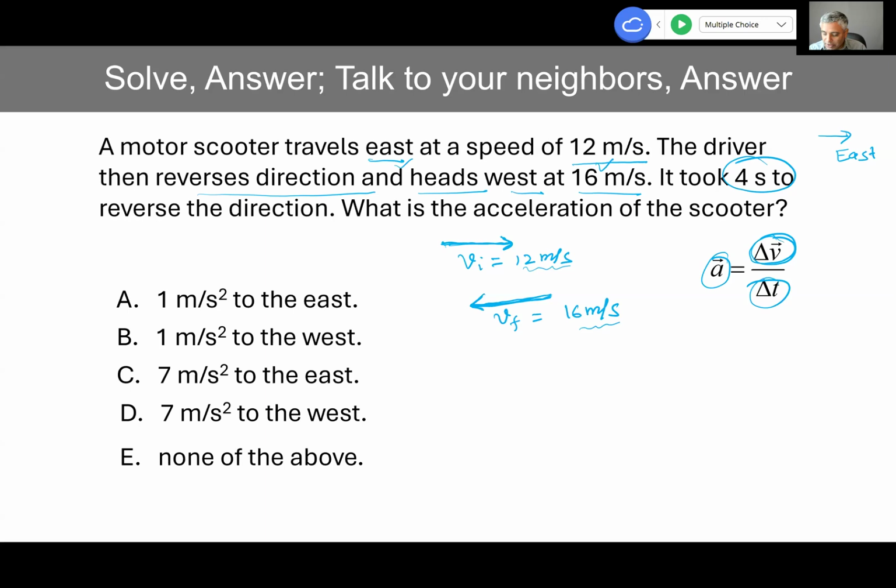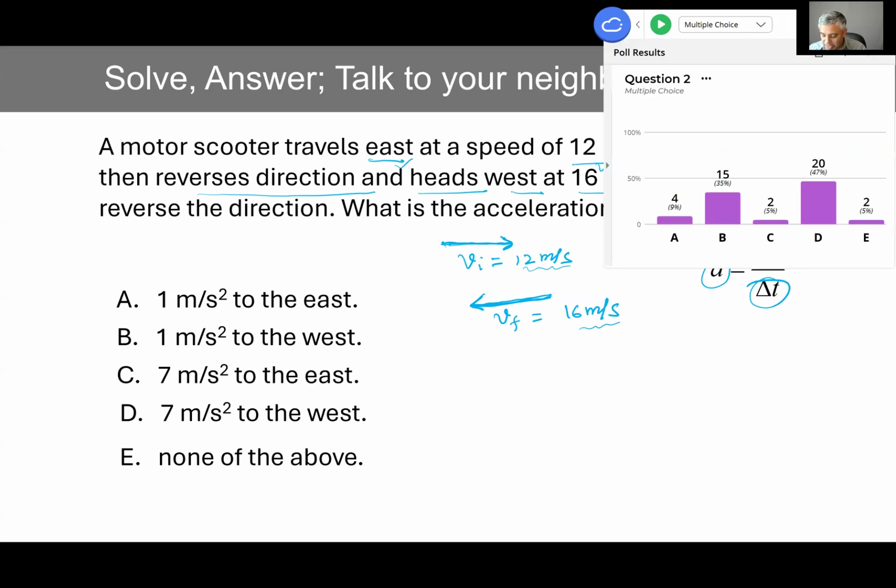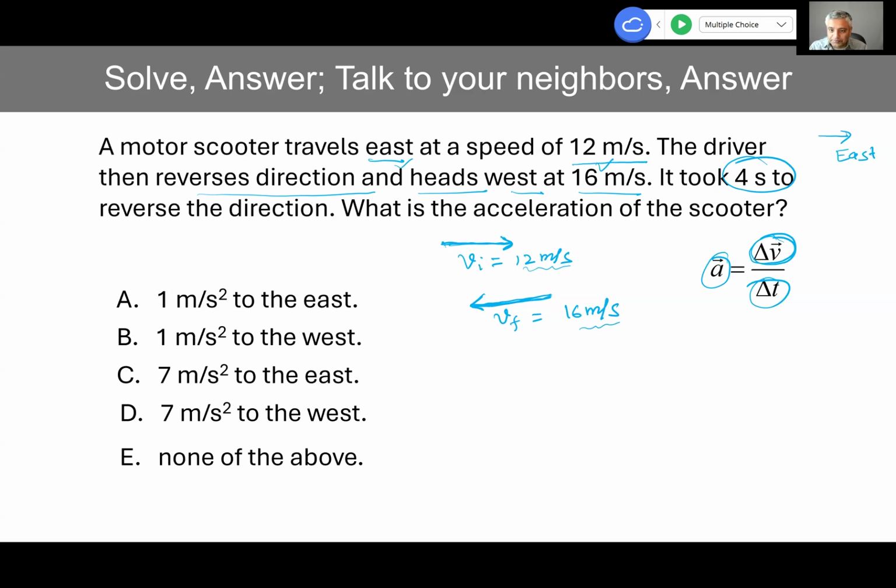Okay, let's see how we did. Oh, we have a problem. Let's see what happened. So we drew Vi and Vf. How do I draw tails together? Vi is going to the right and Vf is going to the left.